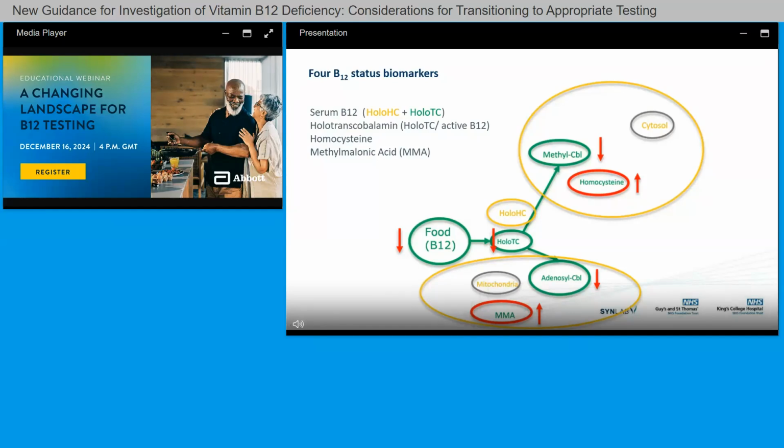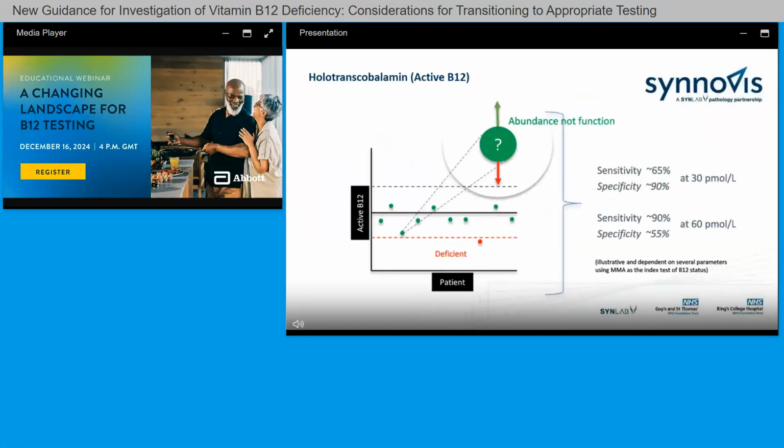So let's spend some time very quickly reviewing the utility of these 3 other biomarkers of B12 status. We'll start with active B12, also known as holotranscobalamin.